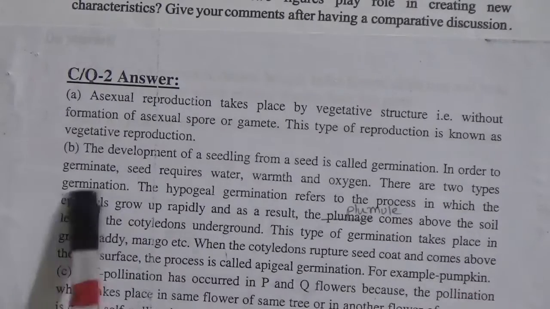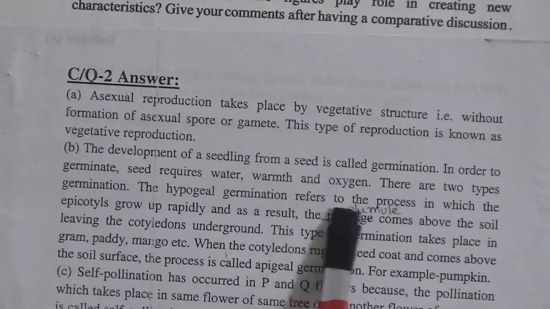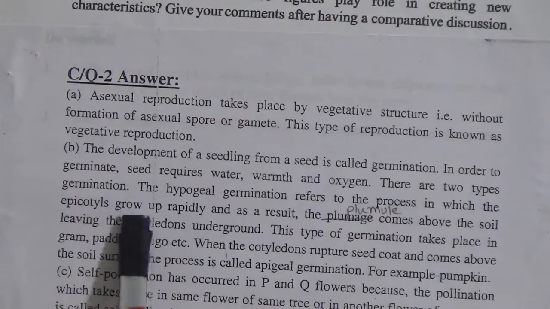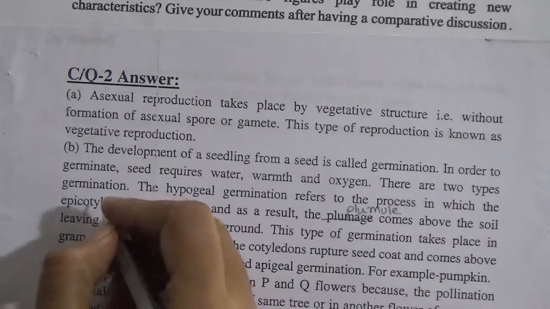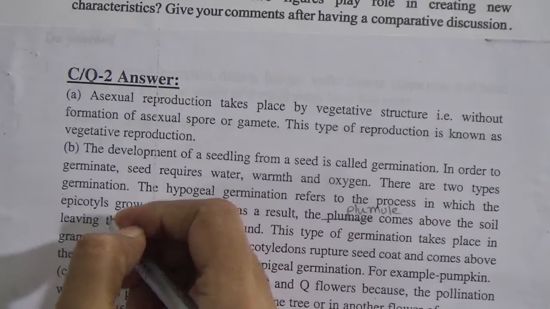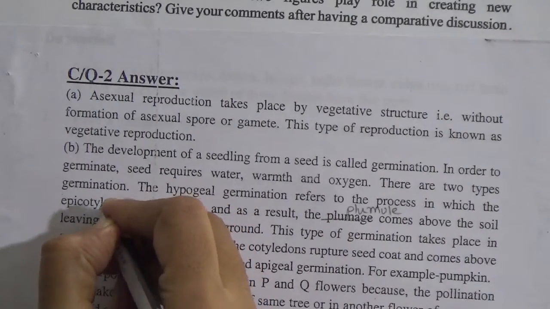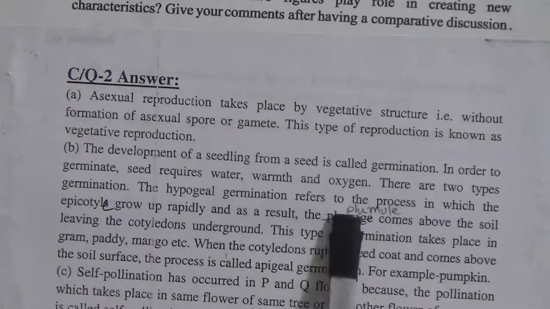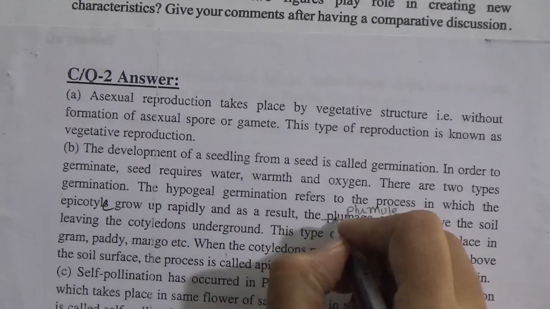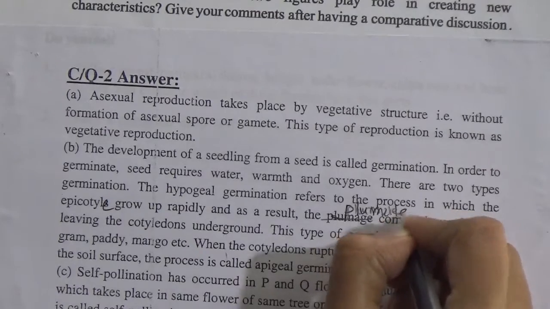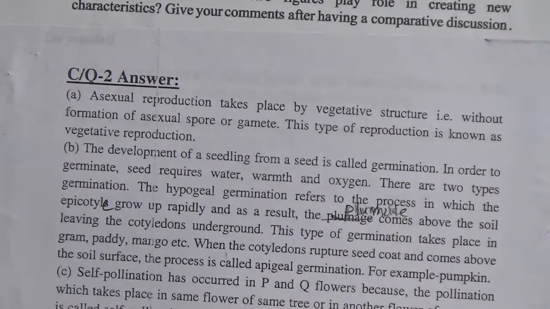And there are two types of germination. Hypogeal germination refers to the process in which the epicotyl, that will be with E, grows up rapidly. As a result, the plumule, P-L-U-M-U-L-E, comes above the soil, leaving the cotyledons underground.